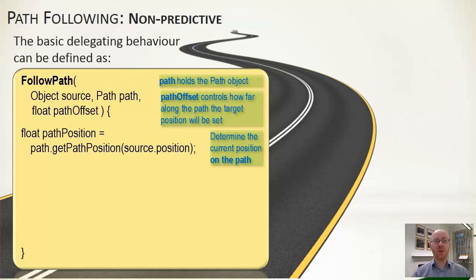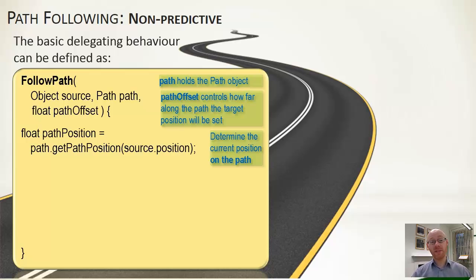So it's not a point here. You can see it's a scalar value, path position, a single float. So this assumes that we can describe our distance along the path, say for example a value between 0 and 1, where 0 is at the start, 1's at the end, 0.5 is halfway across, for example.